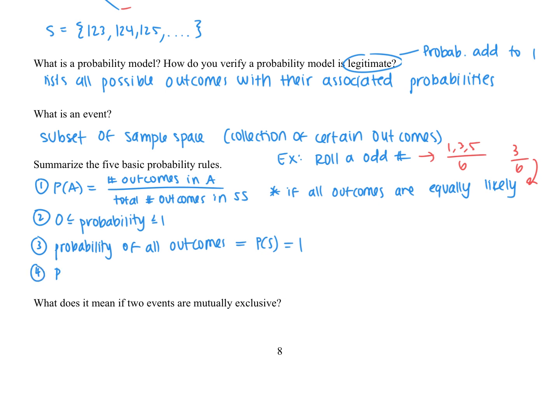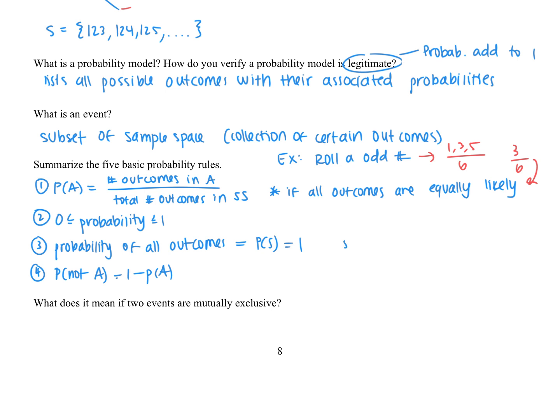Okay. The probability of not some event, so the probability of not A, is 1 subtract the probability of A. We already did that on the other example. Rather than calculating not getting a 1, we took 1 and we subtracted the probability of getting a 1.